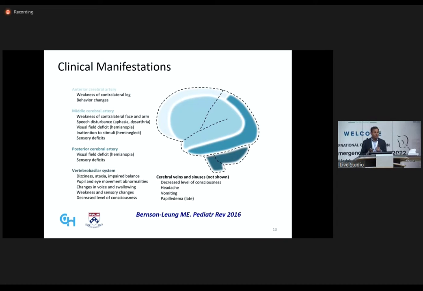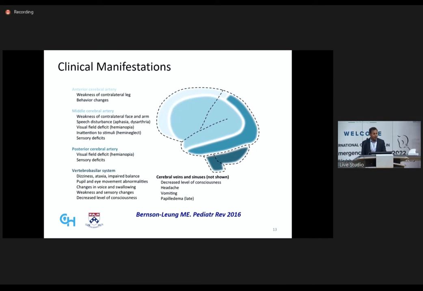So we all know, in terms of adult stroke, it could involve anterior cerebral artery, middle cerebral artery, posterior cerebral artery, and then there is the vertebral system. The similar thing in children: if there is anterior cerebral artery, there will be mainly weakness of the contralateral leg. With middle cerebral artery, mainly contralateral arm.